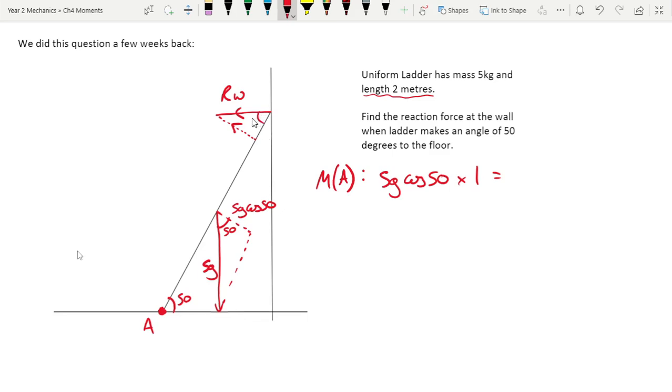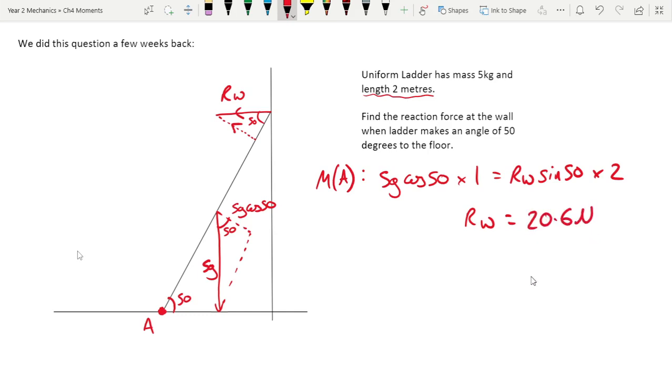This angle here must be 50 as well, because of alternate angles or Z angles. So that's RW sine 50 times the length away, which is 2. And I can solve this to find R. Let's just do that now. So I get about 20.6 newtons.